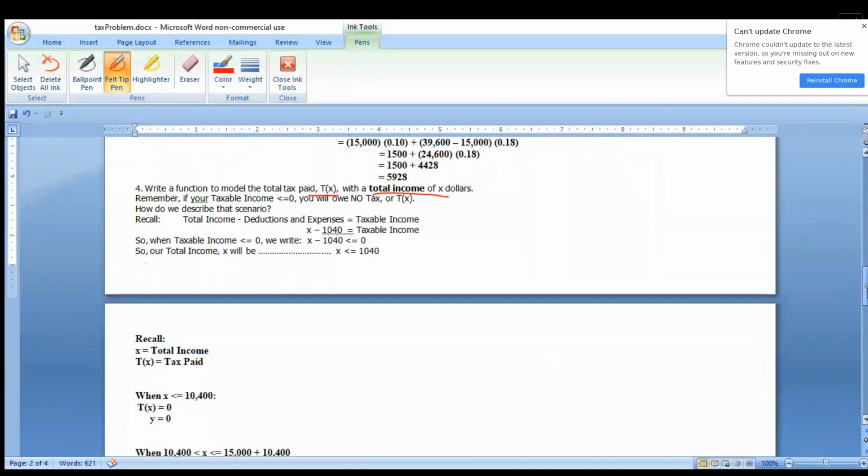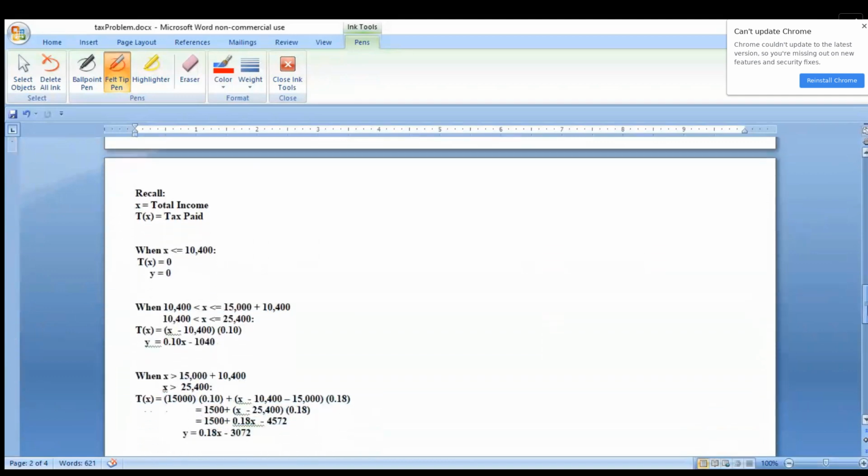So let's see our scenarios. Let's recall what our variables stand for. X equals our total income, and T of X is the tax paid. So T of X is a function of X. The tax paid is a function of our total income.